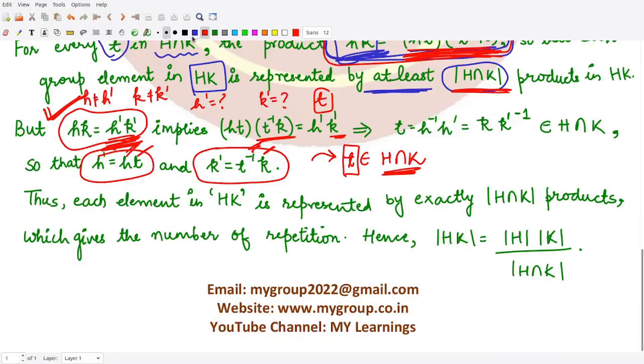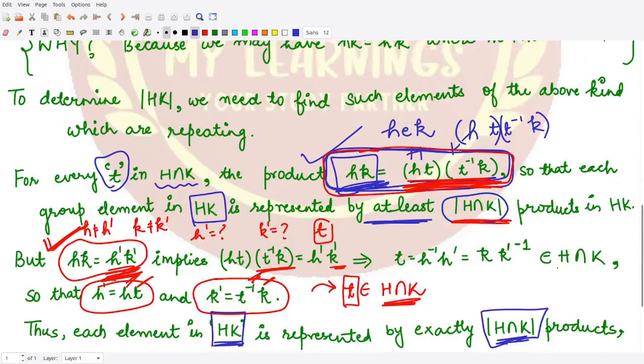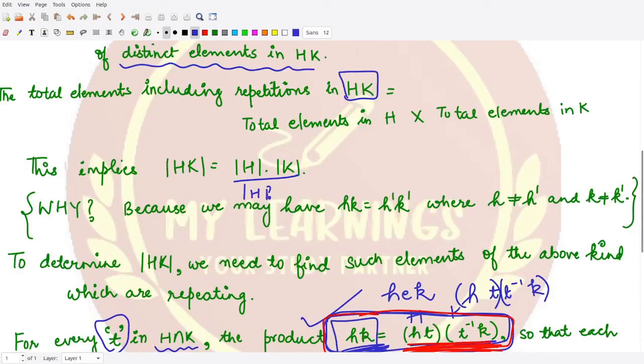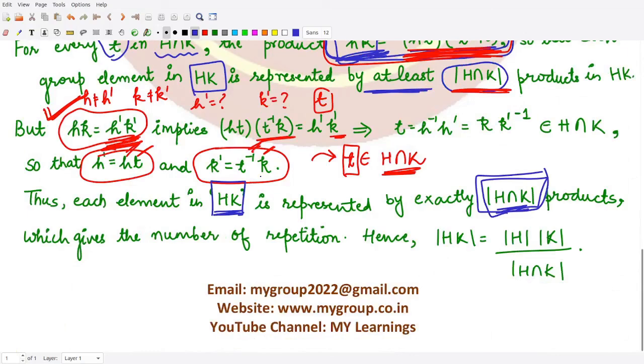It implies that each element in HK which is repeating could be expressed exactly by all those elements which are members of H intersection K. So this is expressed exactly as the number of elements present in H intersection K. So that means this is the number that is repeating, and we need to divide by this order of H intersection K in order to have our result. So this is our result, and this is what we were looking to prove, right?